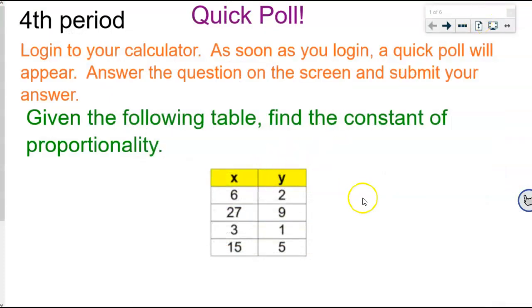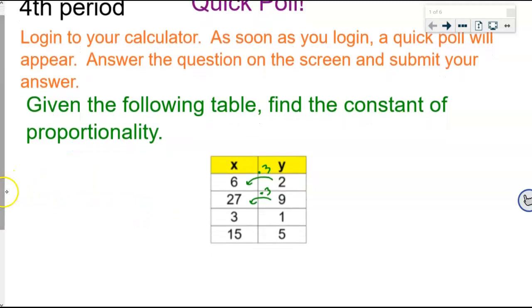Although I can see a really nice pattern, like this 2 can be multiplied by 3 to become a 6, and 9 multiplied by 3 is 27, since the constant of proportionality is the number we multiply by as we go forwards, we need to look at how a 3 changes to a 1 or a 6 changes to a 2, instead of the reverse order. That's the first most common mistake that I saw. You recognize that we can multiply by 3, but that's going backwards.